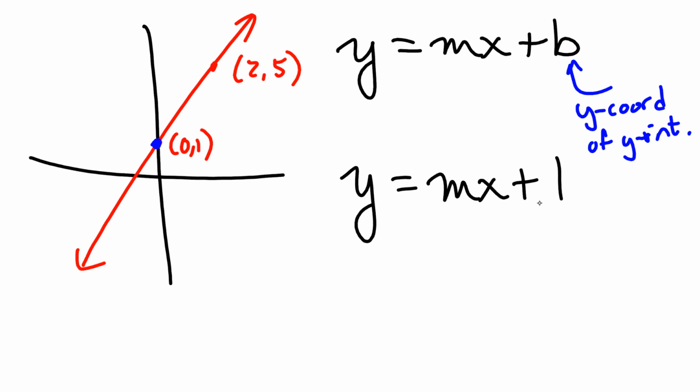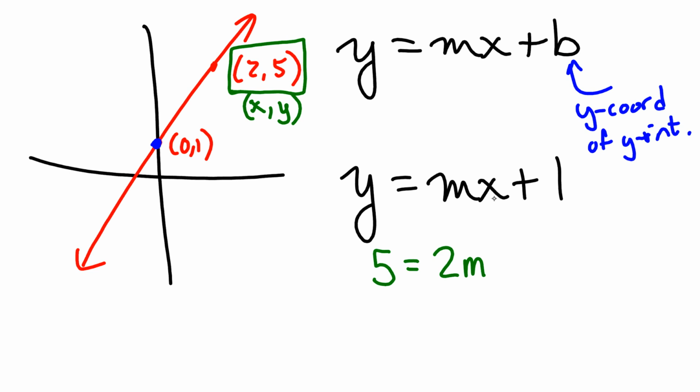So now we just have to figure out what m is, and it's easy to figure out because we know another point that's on the line. This point has an x-coordinate and a y-coordinate, so we can substitute 5 for y and 2 for x. Notice the commutative property of multiplication.